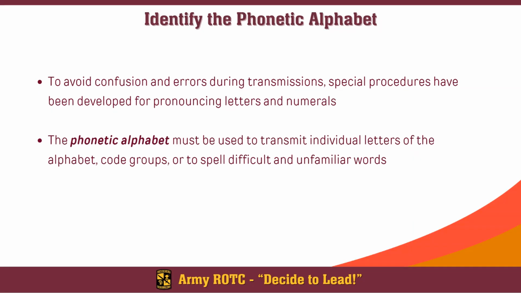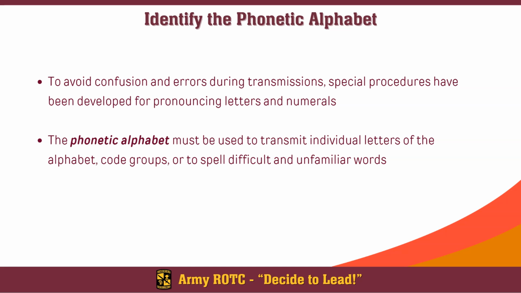What I really want to get into is understanding things like your phonetic alphabet and your alphanumerics. So in order to avoid confusion or any errors during transmission, we have special procedures that have been developed to pronounce our letters and our numerals. Now, the phonetic alphabet has to be used to transmit individual letters of the alphabet, code groups, or even to spell difficult or unfamiliar words.